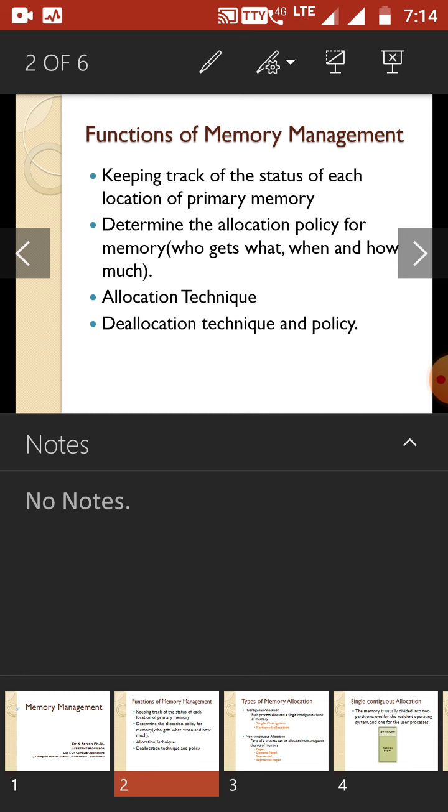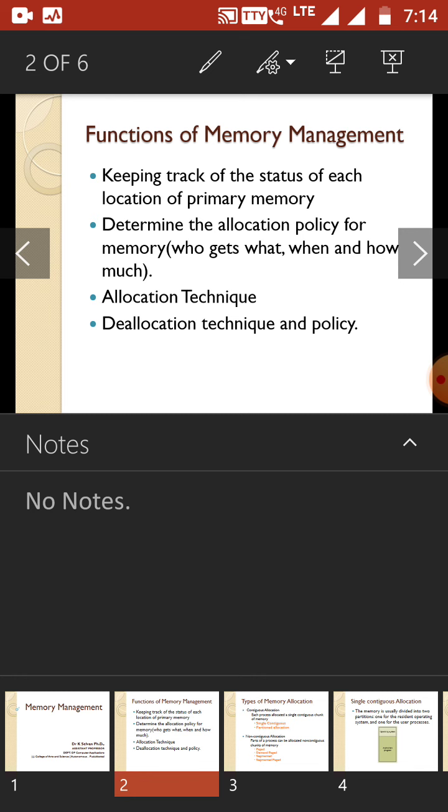The memory management module contains many submodules, and each submodule performs a specific memory management task. The four important tasks begin with keeping track of the status of each location of primary memory.